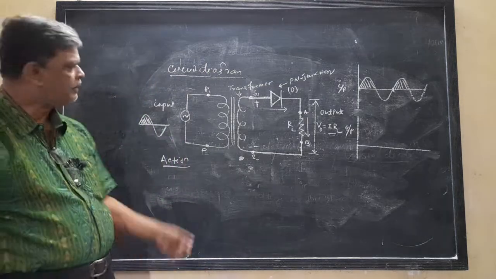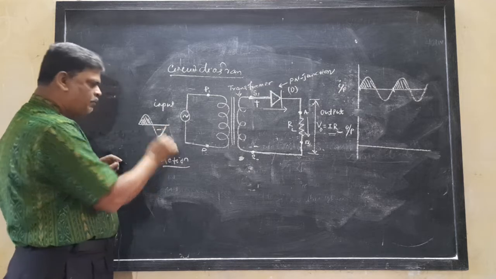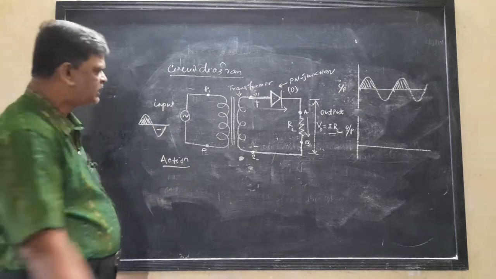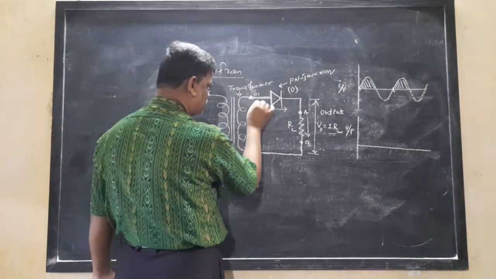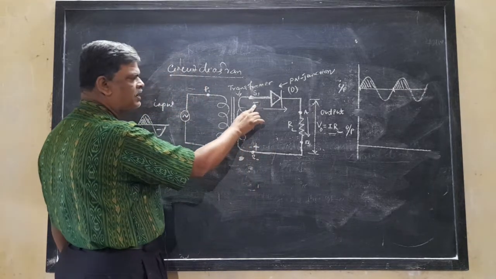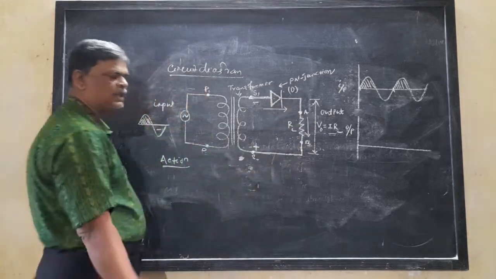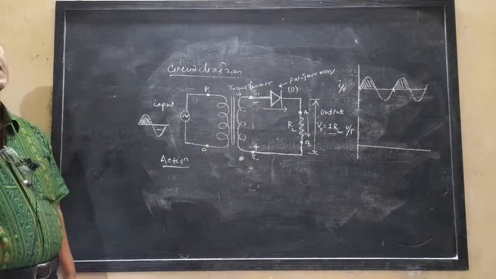Next, let us see the second half cycle. The second half cycle is negative. So this changes to negative and this is positive. When it is negative, P is connected to negative and N is connected to positive, then the PN junction is reverse biased.